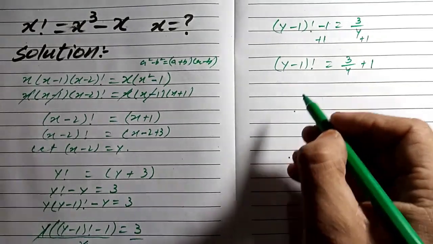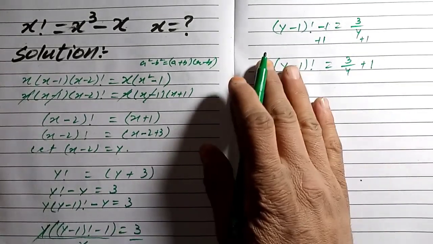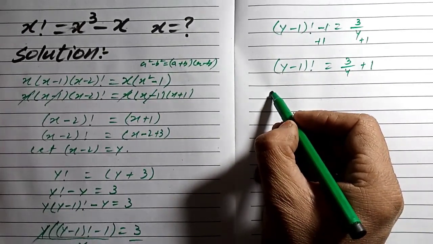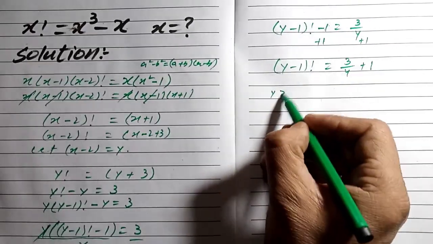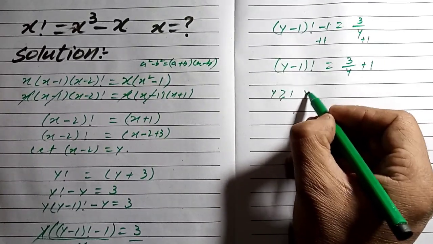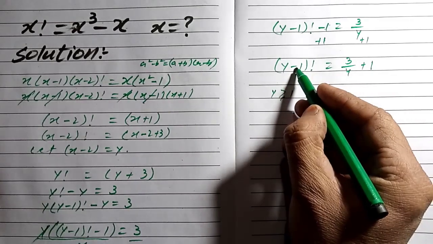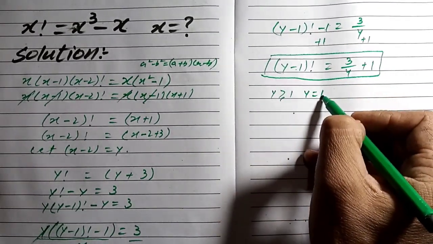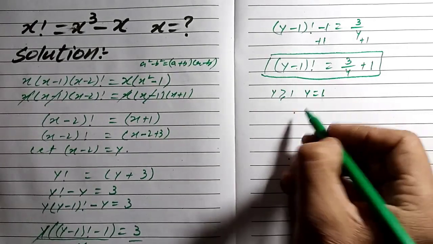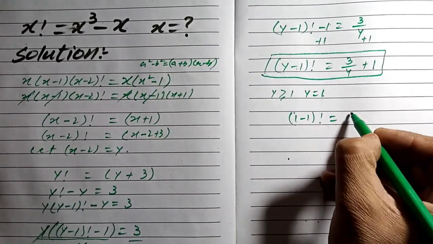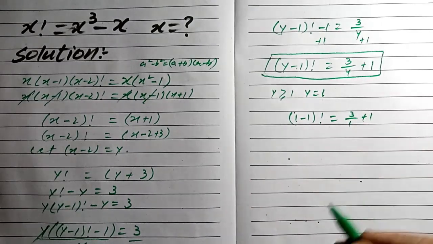Now if we put y values greater than or equal to 1, then first put y equal to 1 in this equation. We get 1 minus 1 factorial, which is equal to 3 divided by 1 plus 1.